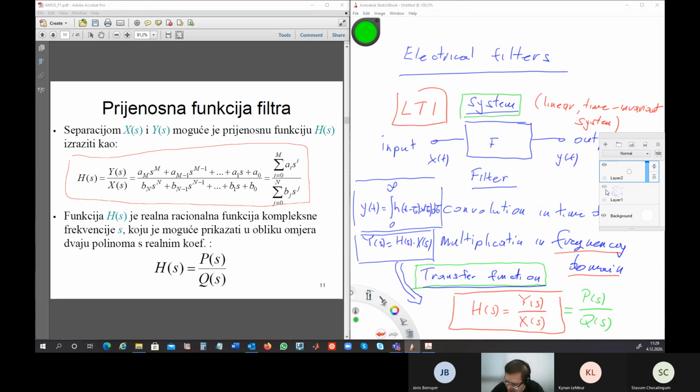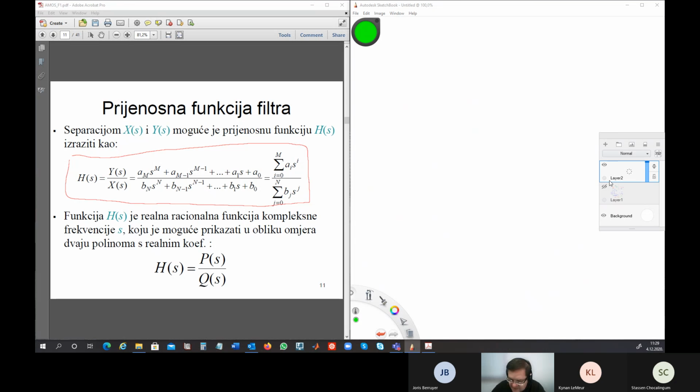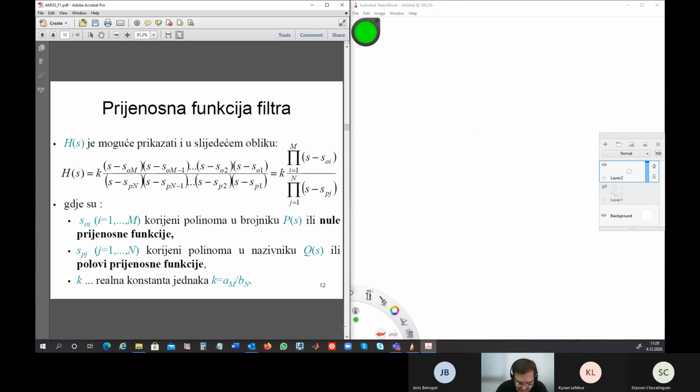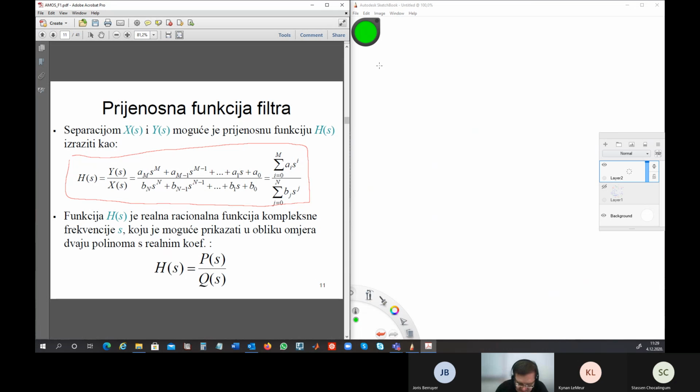We'll open a new layer. For example, P of s looks like this. This is the numerator of the transfer function H of s.